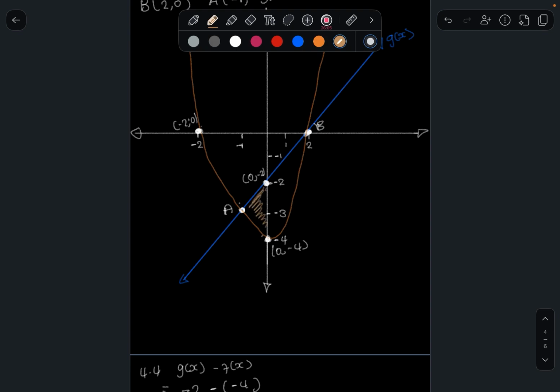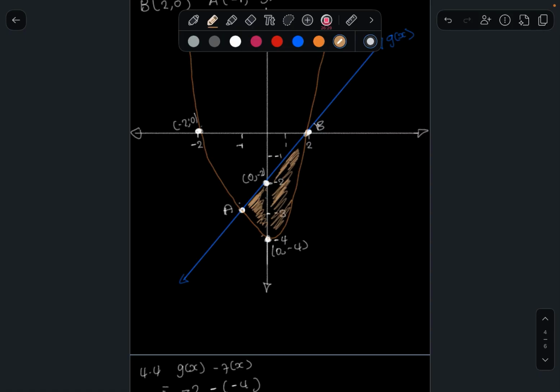We can see that here, g of x is on top of f of x, right? We go again. We could also see that here, g of x is also on top of f of x, right? So we have a point of intersection here.